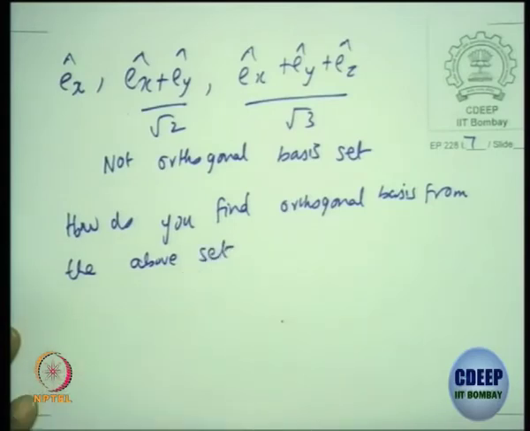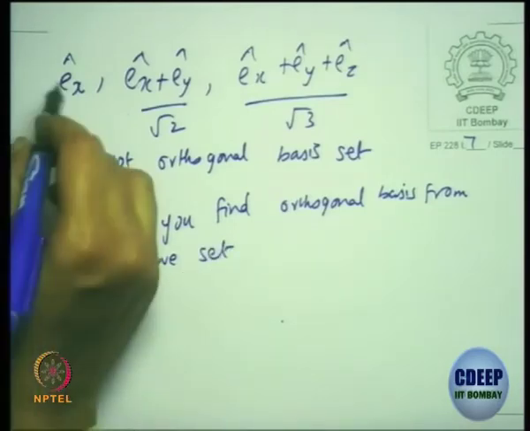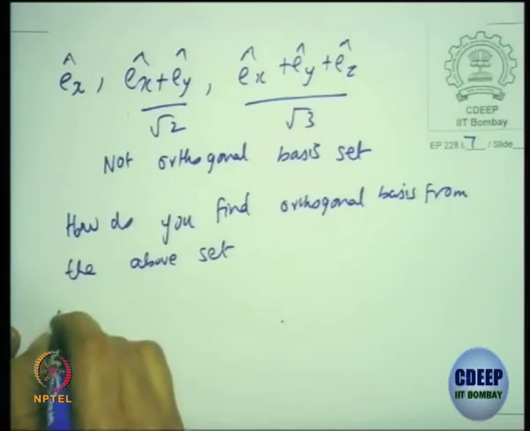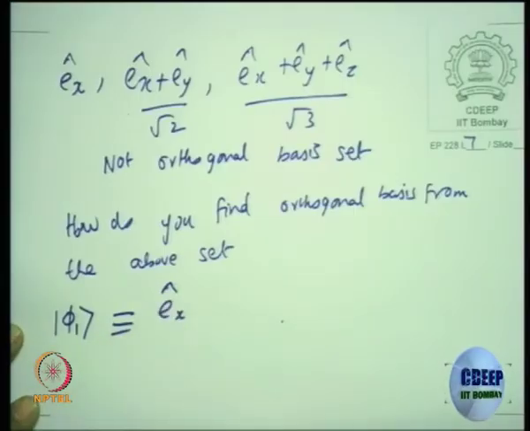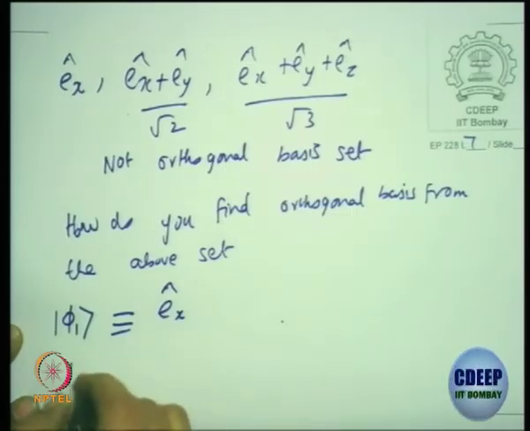This is your familiar procedure. You first define your first state phi 1 to be equivalent to Ex. And then how do you find phi 2?